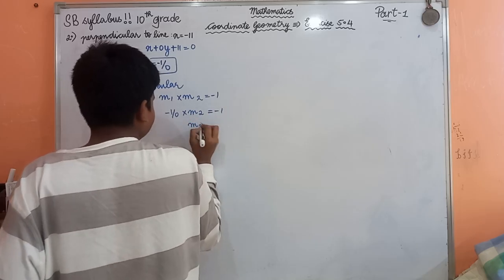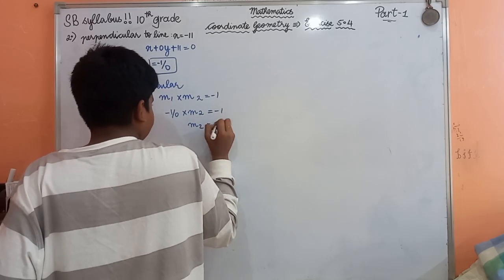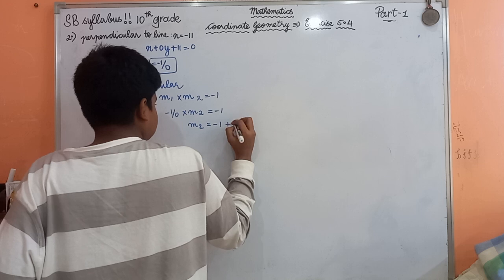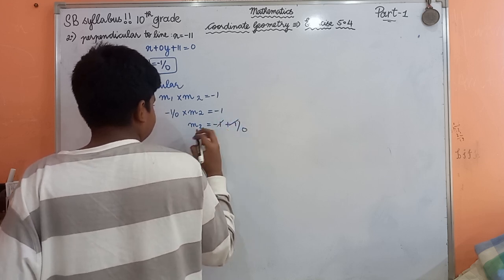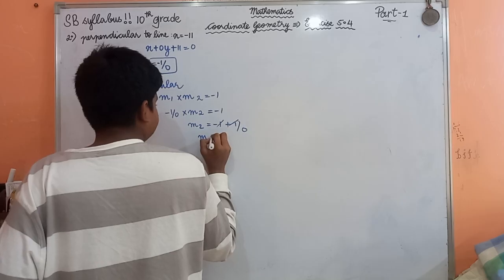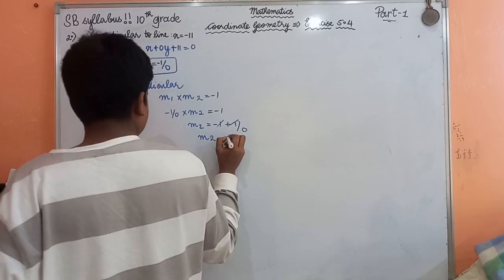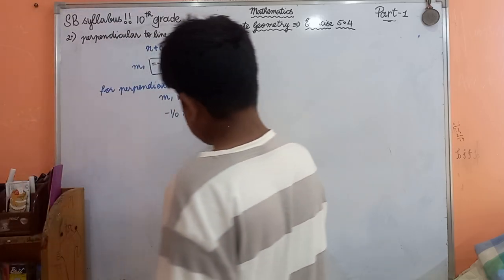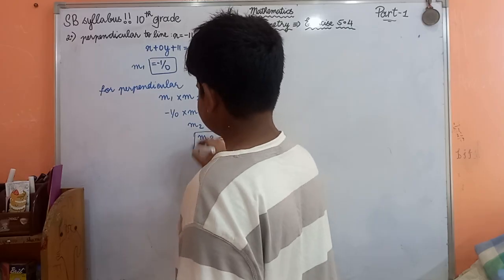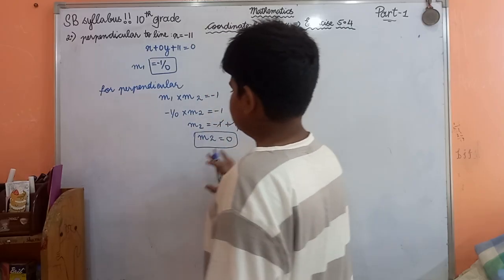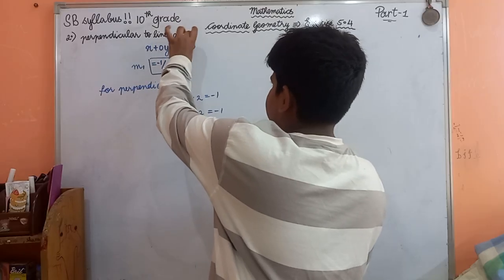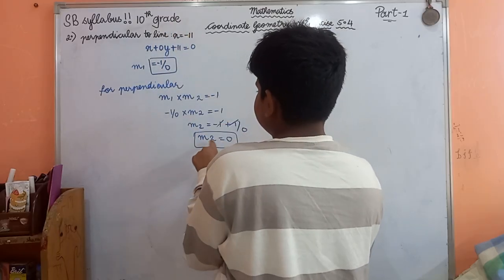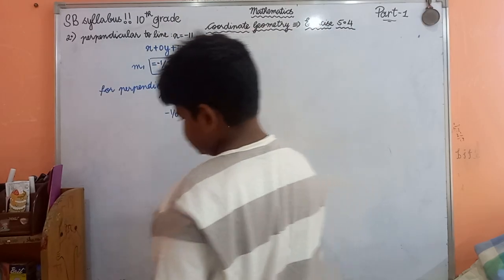So m2 is 0. The slope of the line perpendicular to the line x is equal to 11 will be m2 is equal to 0. So this will be the answer, guys.